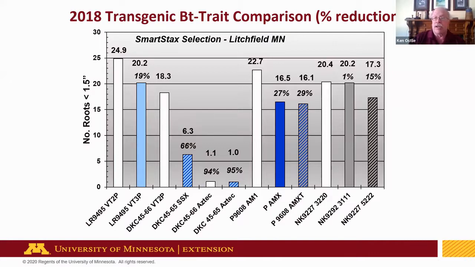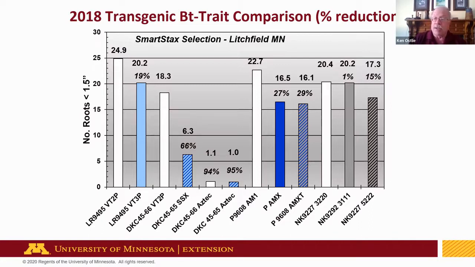And this is the level of root protection. And in this field, because of SmartStax selection, if you look to the right, we see that AMX and AMXT aren't working. We see that to the left, we've got SmartStax that isn't working real well.